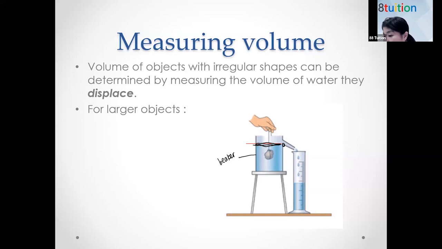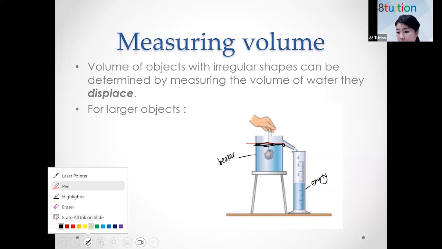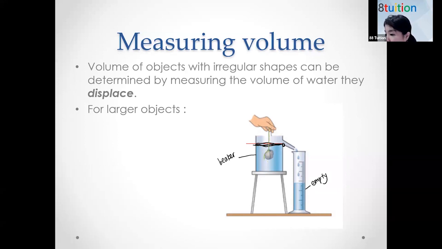So you see the spout here, this level. And then this is empty to start with. Then I am going to put my rock in. That's step number 2. And when my rock goes in, it displaces the water out into the measuring cylinder.